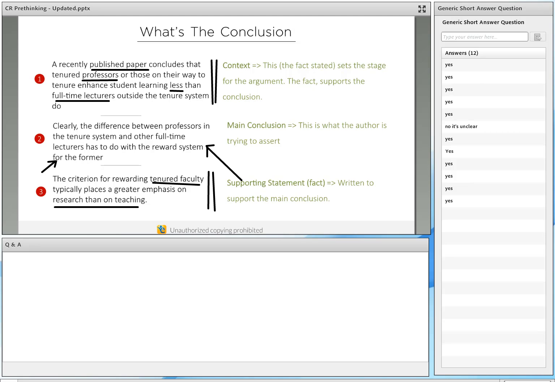And if you say no, it's unclear, you can put in the question in the poll as to why you think it's unclear. Why do you believe that the author of the argument wanted you to believe something else? Yes, "clearly" is a conclusion marker as well. That's true. And who said that? Alec, yes, absolutely Alec.